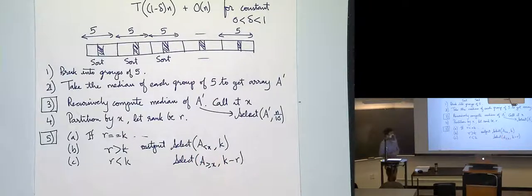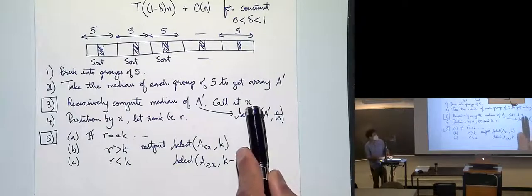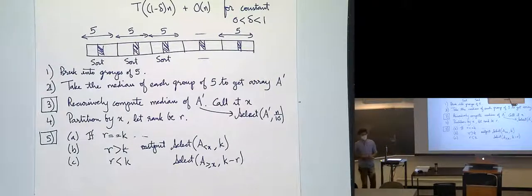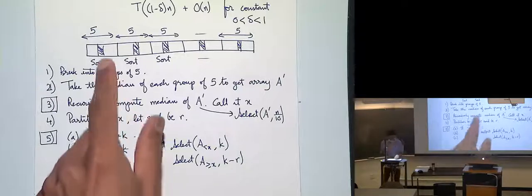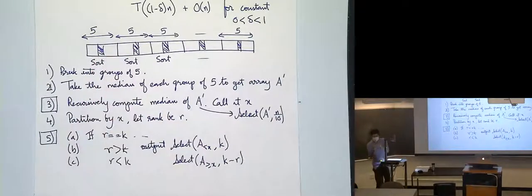The first thing we need to understand is, why is this a good element to partition with? It's not exactly half, right? Because it's the median of the medians, so it's not the median. It guarantees it's between the 1/5 position and the 4/5 position. Almost, yeah.